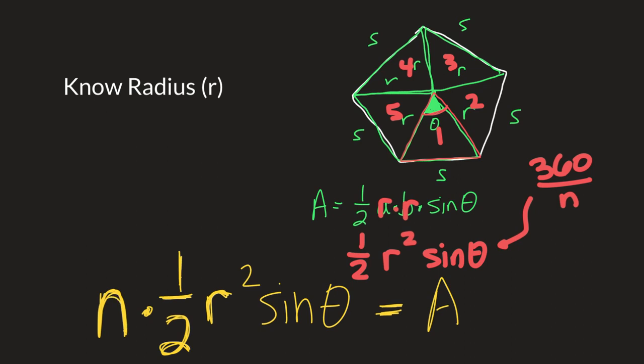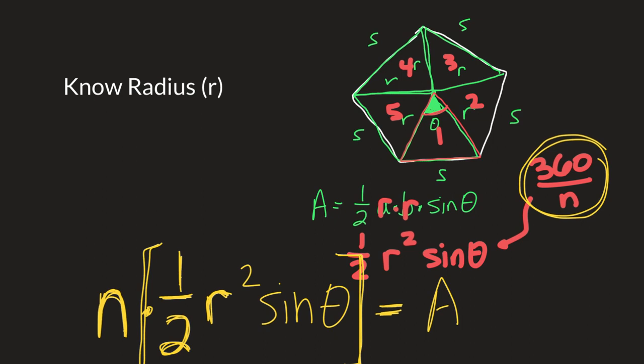The number of sides times this many triangles formed with the central angle and the radius. n times 1/2 of r squared sine of theta, where theta is now 360 over n, not 180 over n like it was before. Okay, so hopefully this is helpful and can save you some time in calculating areas of regular polygons depending on what side you know.